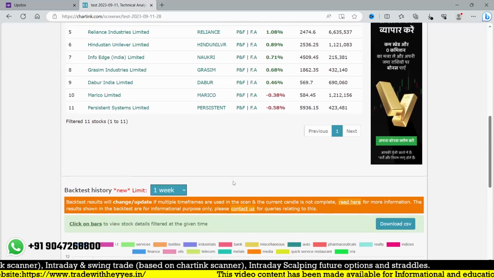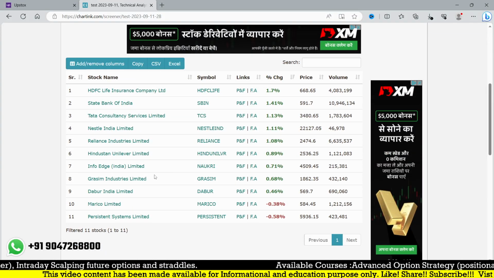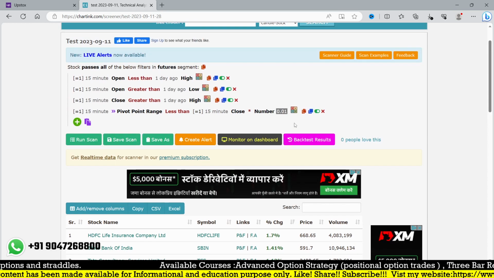We have to modify. Yeah, so you will be getting a very small number of stocks from this list. We get only 11 stocks at 0.01.